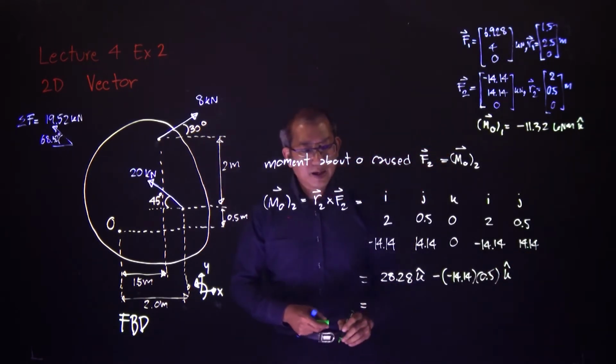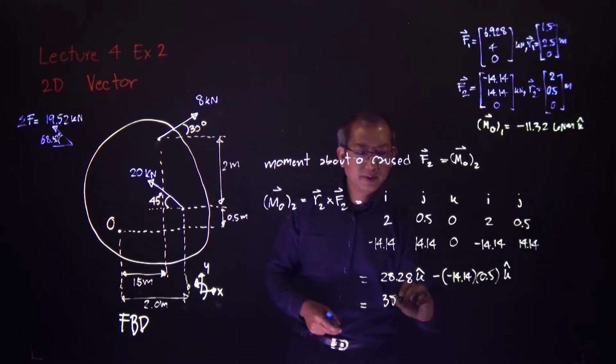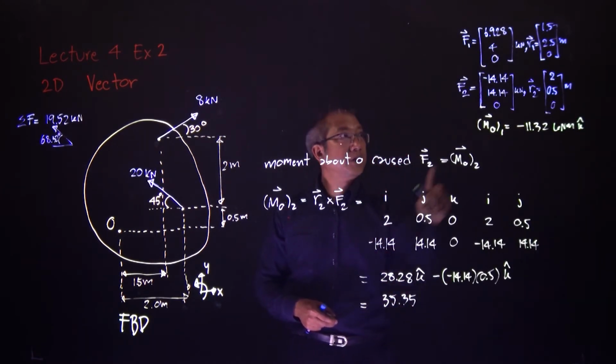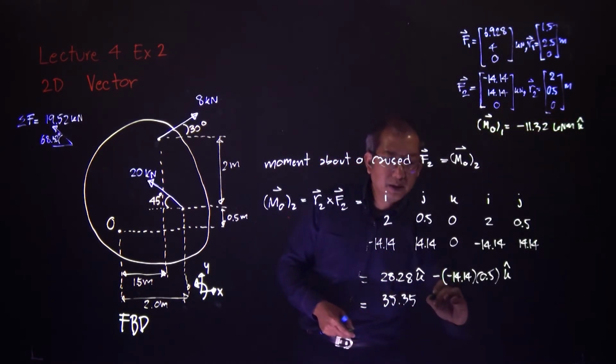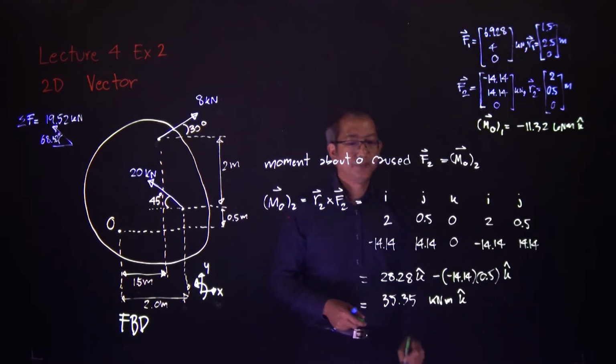That one worked out to be 35.35. Now, the unit is kilonewton meter in the k direction, right?